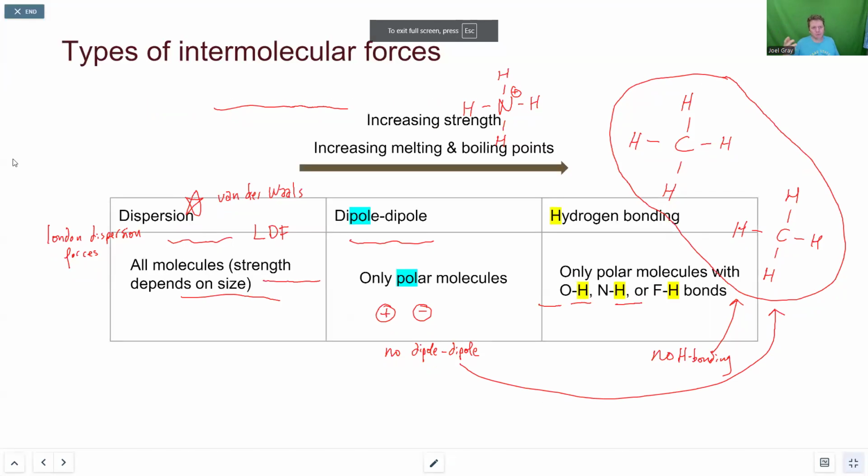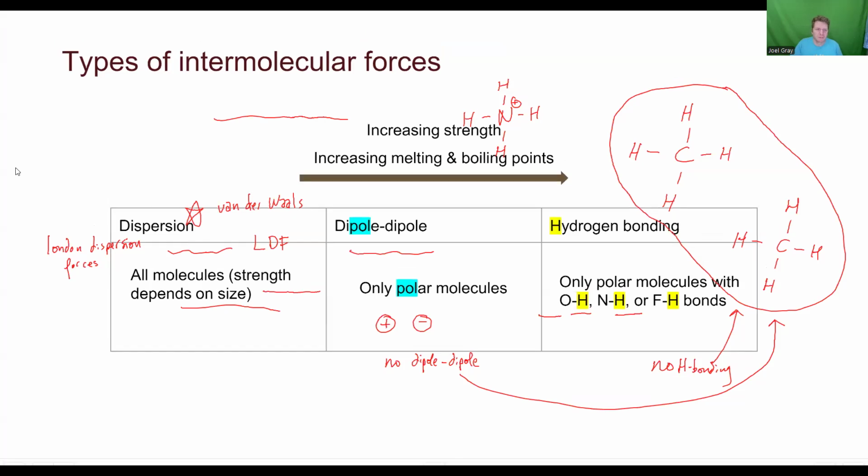Also not intending to be a trick question, but yes, they do have dispersion forces. So when we look at these two compounds, they do have dispersion forces that attract them to one another. Do they have dipole-dipole? Nope. Do they have hydrogen bonds? Nope.